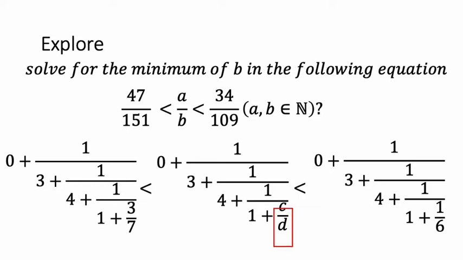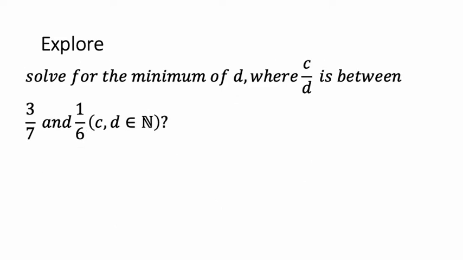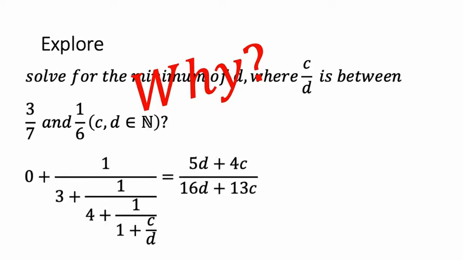So what is our c over d? Remember that it asks for the minimum of b. This means that we need only to find the minimum of d to get the answer. Why is it? Because if we simplify it to this form, we'll find that our a over b will be equal to 5d plus 4c all over 16d plus 13c.